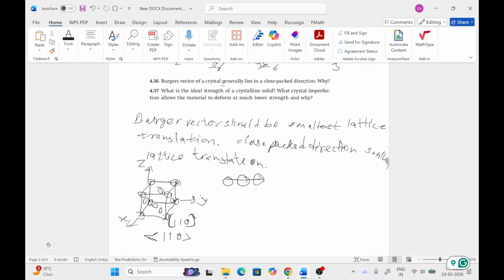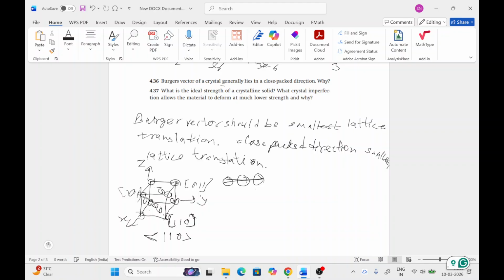If it is on this plane, which is the y and z, it will be 0, 1, 1. And if we have it on this plane, it will be 1, 0, 1. Or it can have minus and plus signs also. We will check it later, but for now we are just considering whether the 110 direction is closely packed or not. In the 110 direction, three atoms are coming.